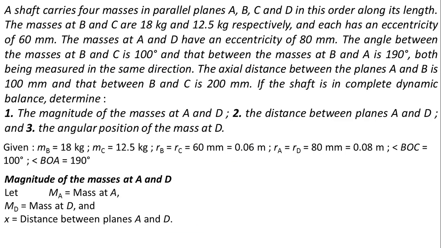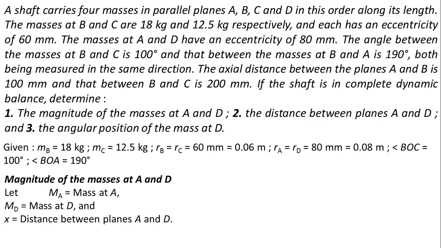Next problem: a shaft carries 4 masses in parallel planes A, B, C and D in order along its length. The masses at B and C are 18 kg and 12.5 kg respectively, and each has an eccentricity of 60 mm, and the masses at A and D have an eccentricity of 80 mm.